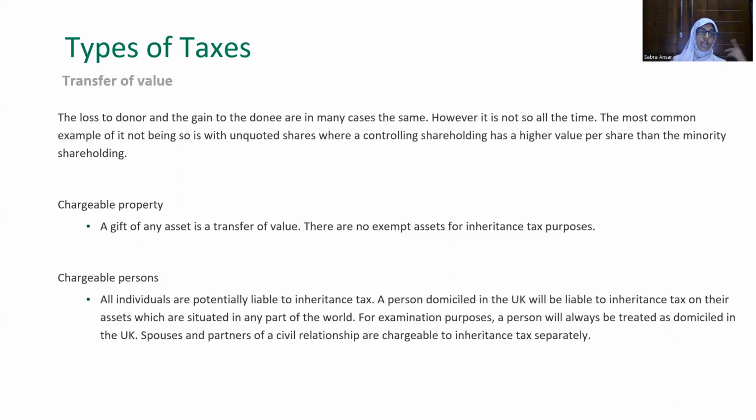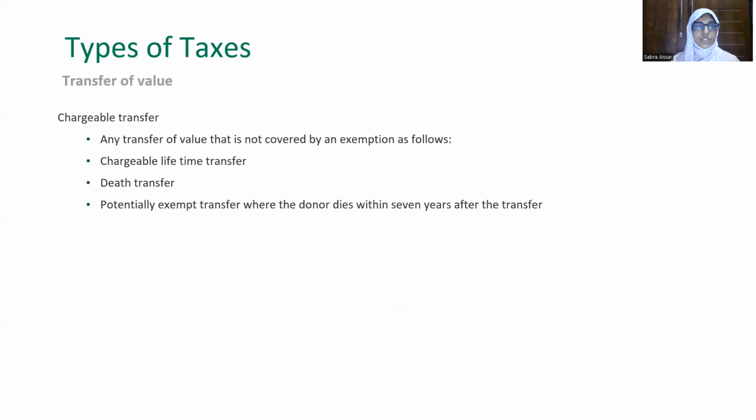And when it comes to chargeable persons, as I said, all individuals are chargeable under inheritance tax, and we will include all people domiciled in the UK for the purpose of the examination. Now, chargeable transfer.